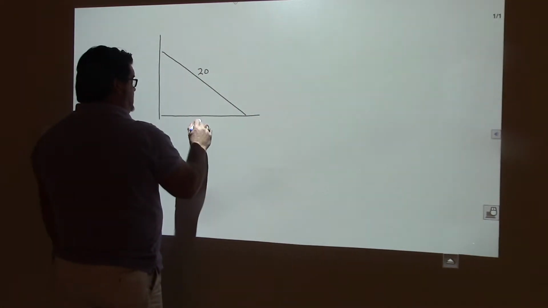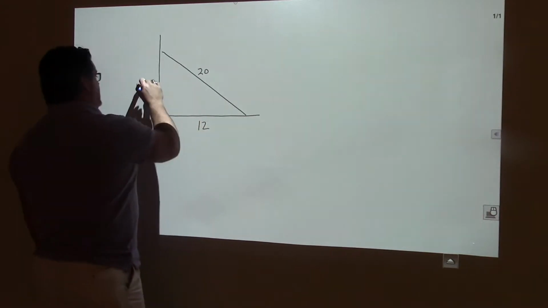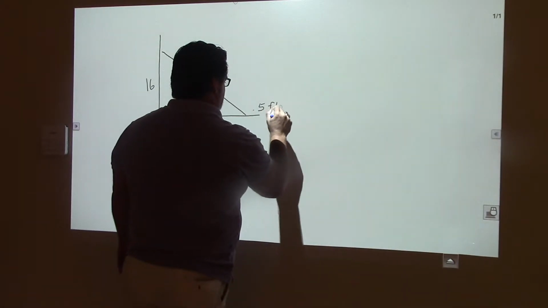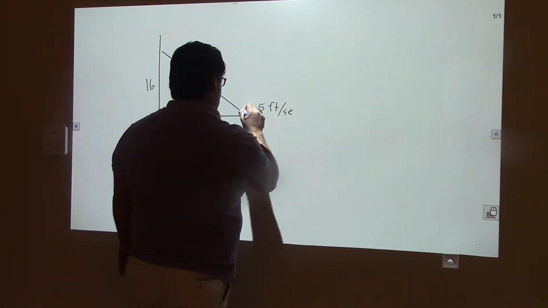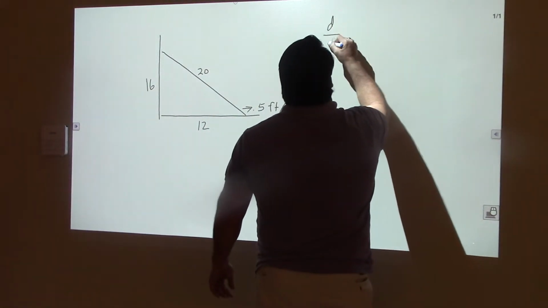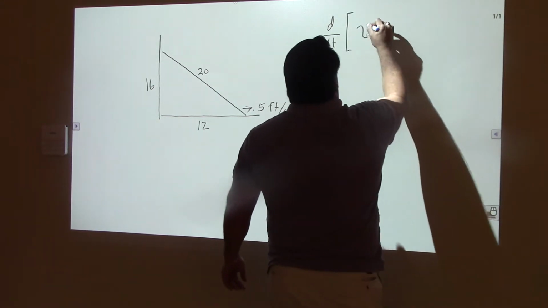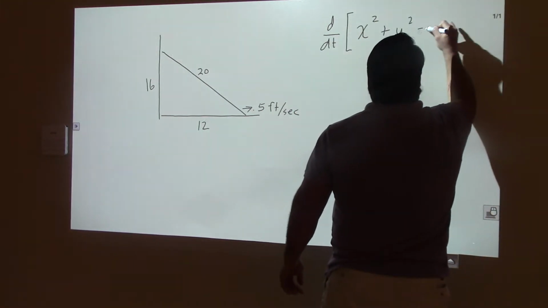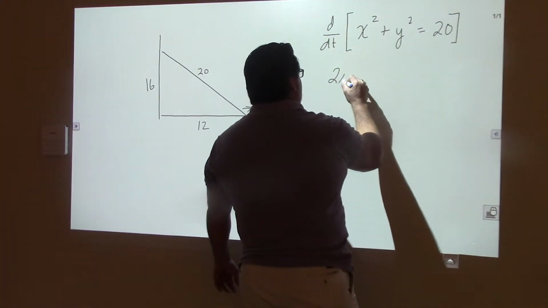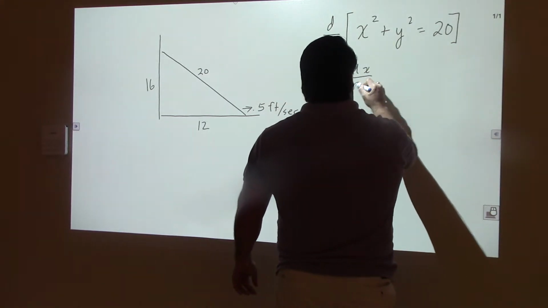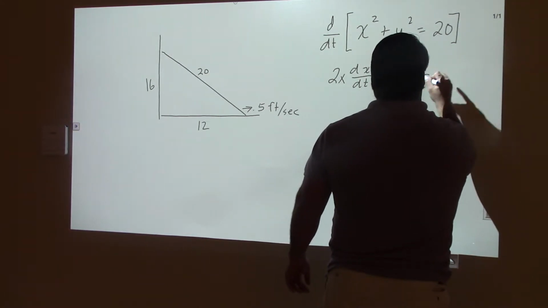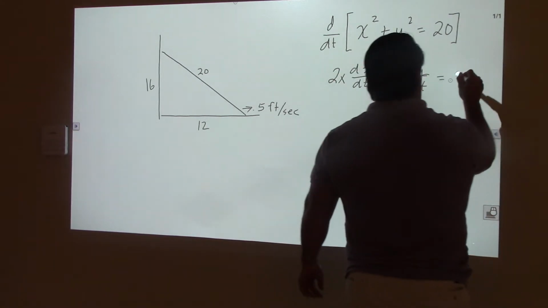20. What did I say this was? 12, and this came out to be 16, and we're pulling at 0.5 feet per second. So that's going to give us d/dt of x squared plus y squared is equal to 20, and that's going to be 2x dx/dt plus 2y dy/dt is equal to 0.